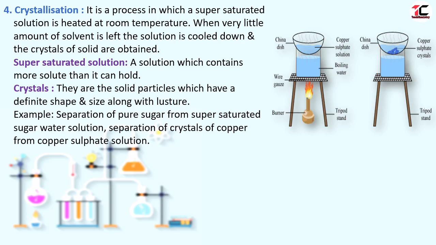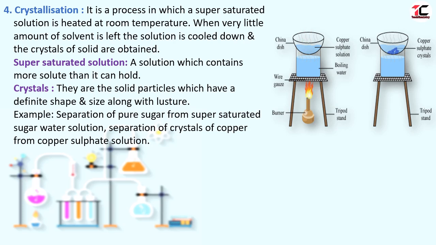We can see in the diagram. Here it is the china dish. In the china dish there is a solution of copper sulfate, and this is kept over the beaker in which there is the water, and the water is boiled here. By the vapor the china dish is heated in which the copper sulfate solution is kept.